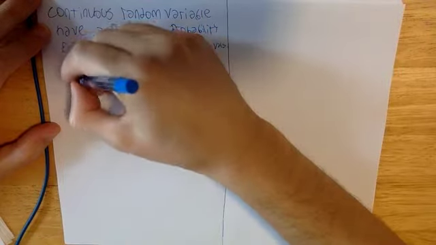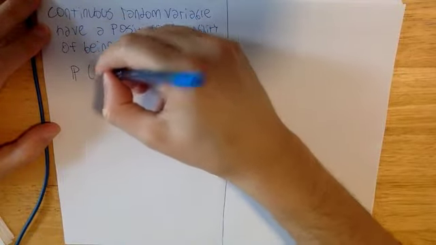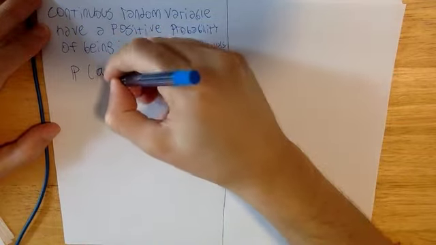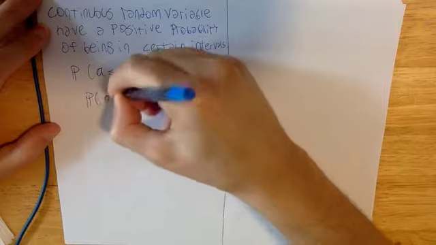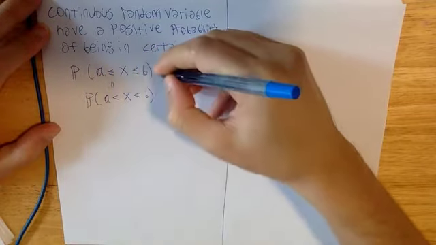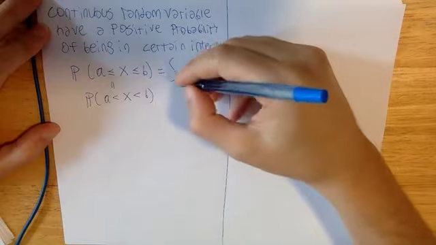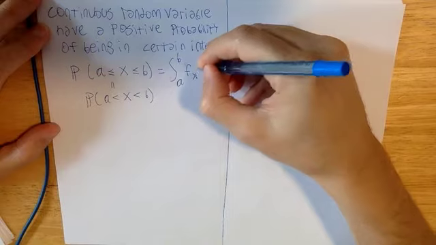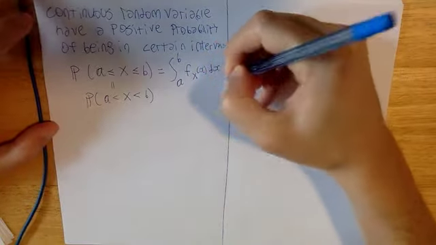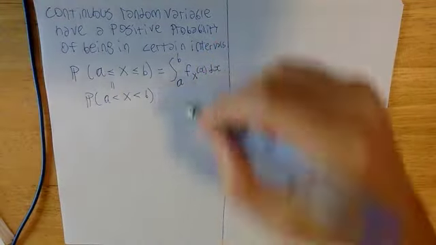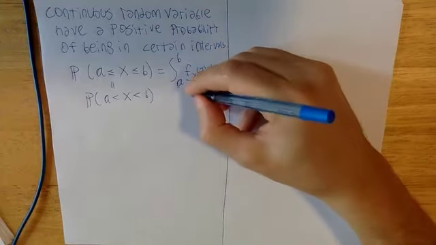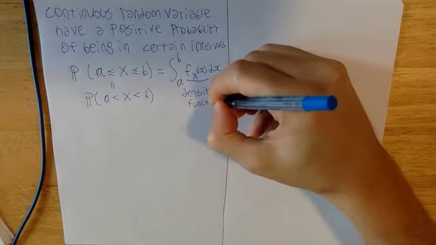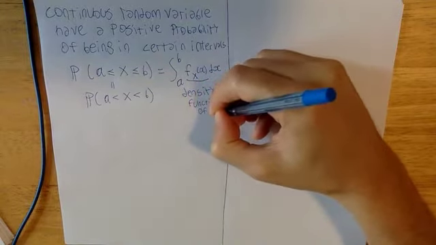In particular, the probability that a is less than or equal to X, less than or equal to b, is also equal to the probability that a is less than X, less than b. This is equal to the integral between a and b of f(x) dx. So we can actually integrate, and this is what's called the density function of X.